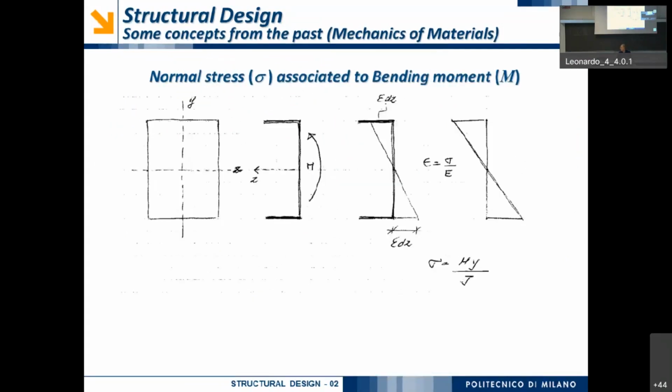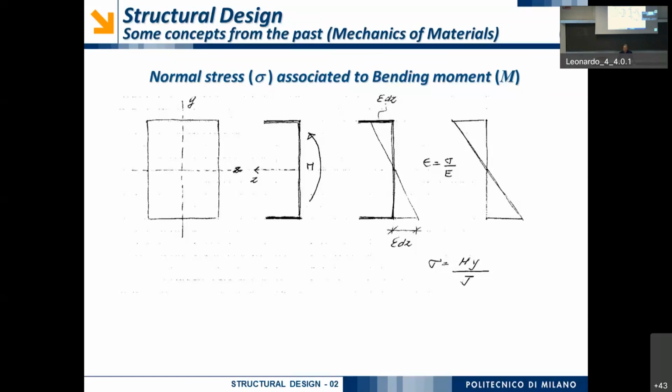And since we know that the bending moment of a cross-section is associated to a rotation of the cross-section of the beam, what I expect is that both normal strain but also the normal stress are linearly depending on the bending moment.